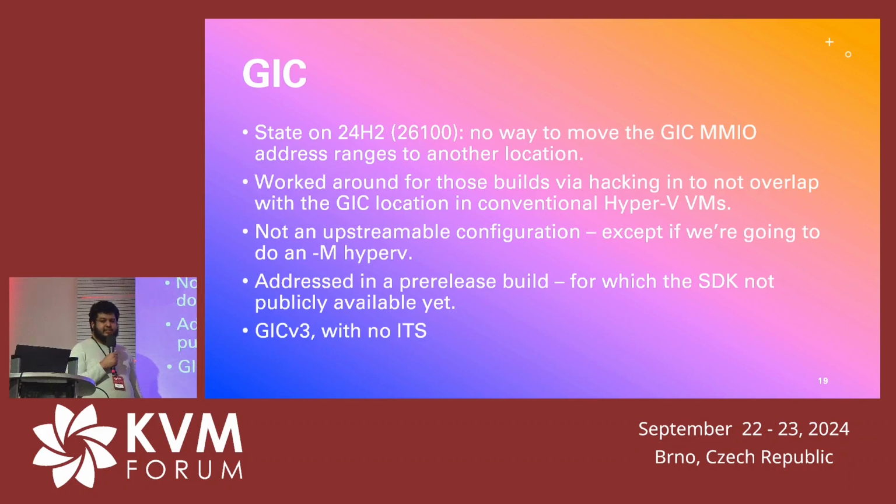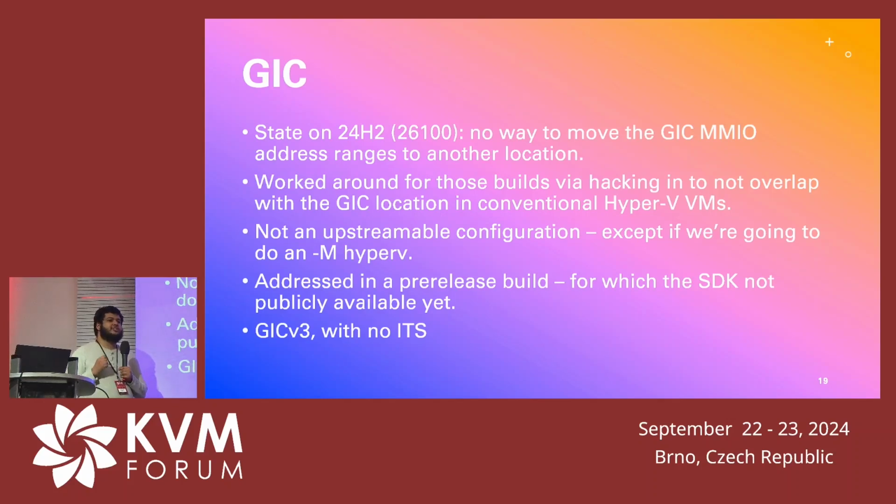It's addressed in a pre-release build, and it actually works on that pre-release build, but the SDK for that is not currently publicly available yet. It implements a GIC v3 without ITS, and there is no way to support a third-party interrupt controller for it.